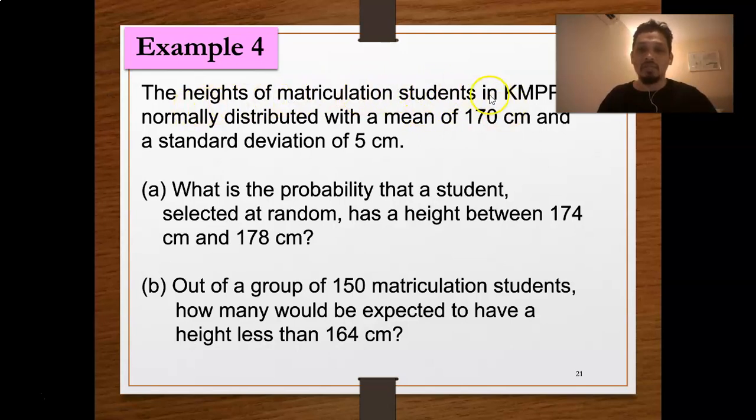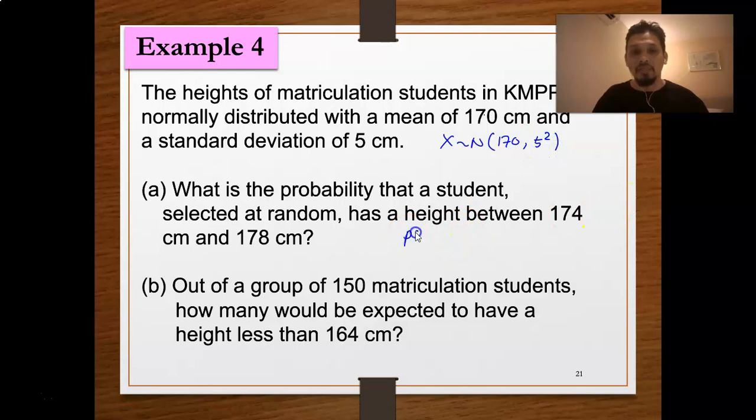The height of matriculation students is normally distributed with mean 170 and standard deviation of 5. What is the probability that a student selected at random has a height between 174 and 178? I give you a clue: X is normally distributed with mean 170 and standard deviation 5, so the variance is 5 squared, or 25.